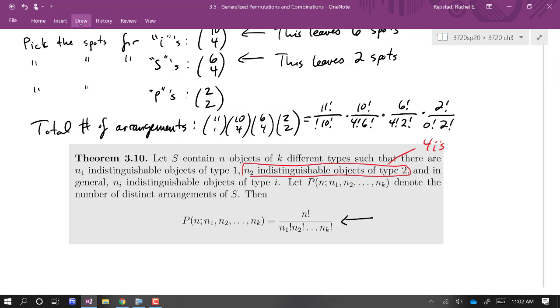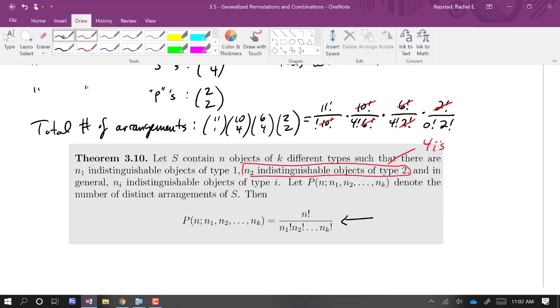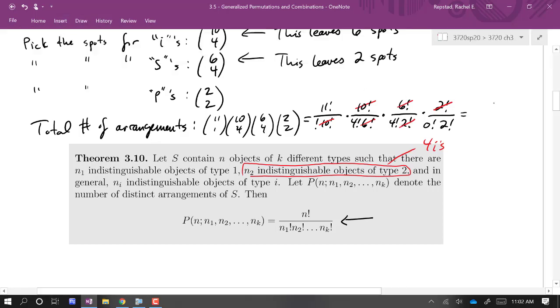Okay, now we're going to do some canceling. So this 10 factorial cancels with that one. This 6 factorial cancels here. This 2 factorial cancels there. I'm not going to multiply anything out, I'm just going to simplify. What I have left upstairs is 11 factorial. On the bottom, what I'm left with is 1 factorial, 4 factorial, 4 factorial, 2 factorial. 0 factorial is just equal to 1.